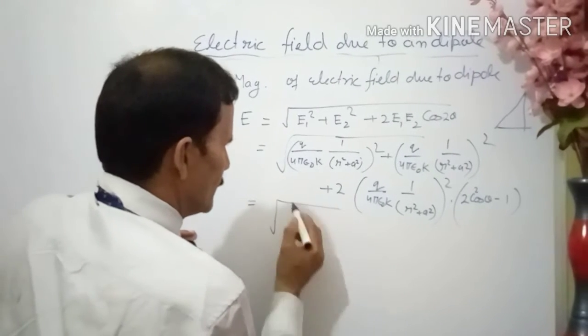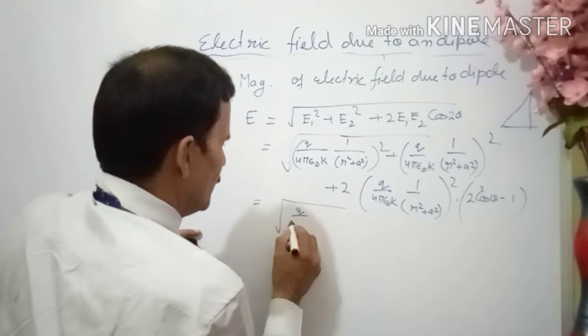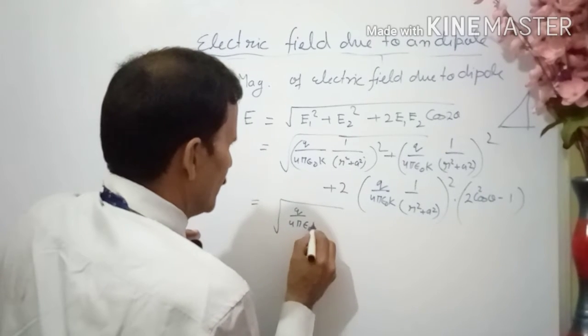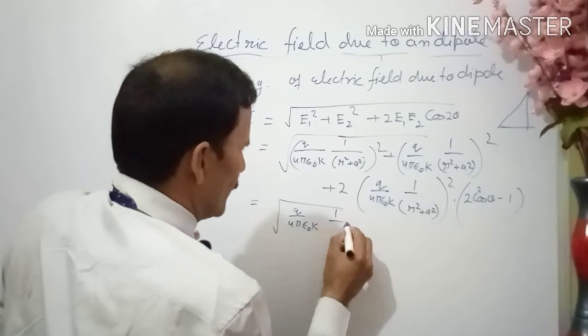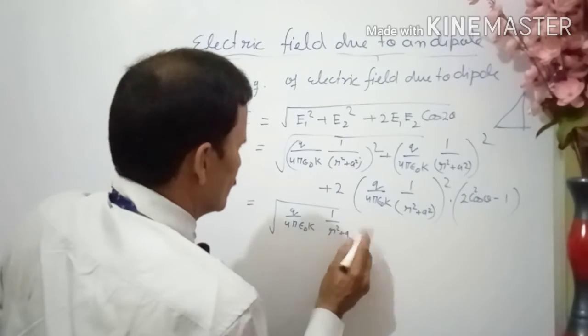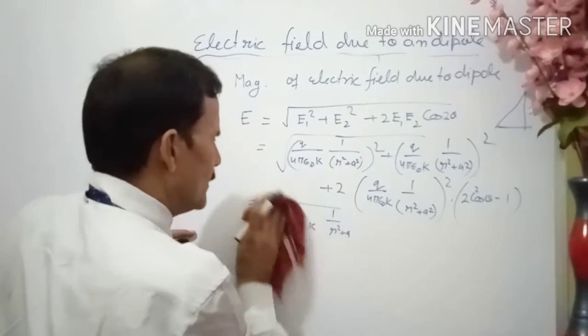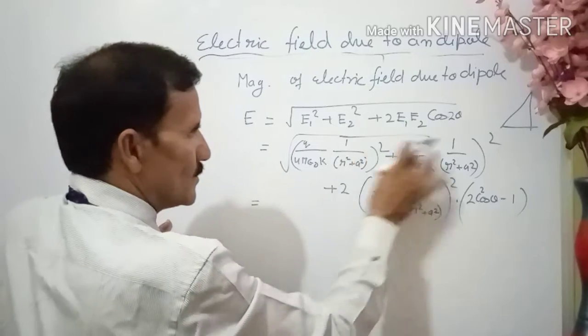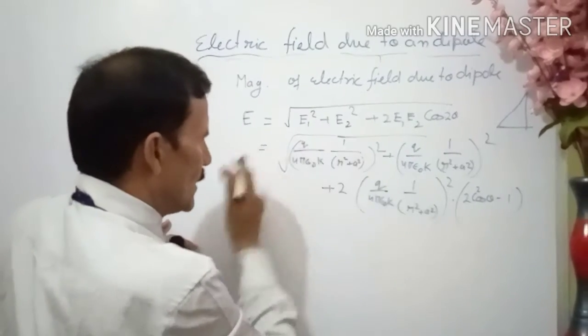I am telling you, just q upon 4 pi epsilon naught k, 1 upon r square plus a square, take it out common, since the square root is everywhere, so it can be taken.